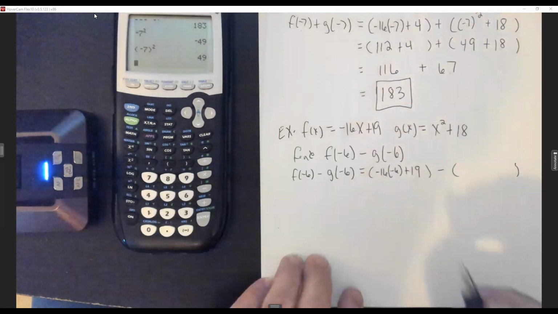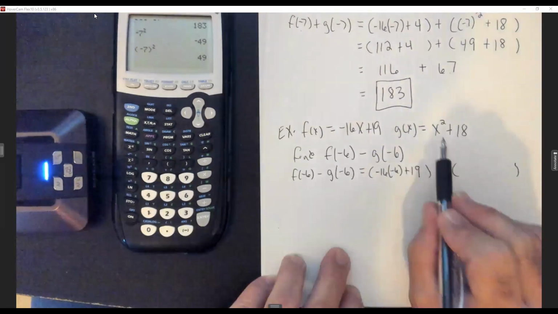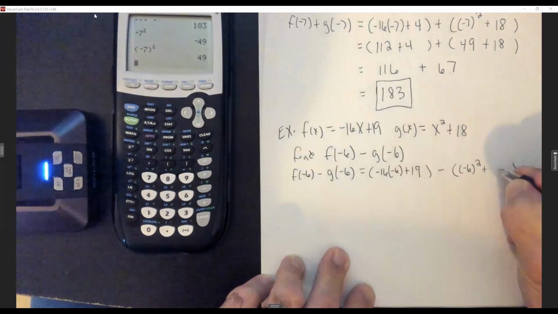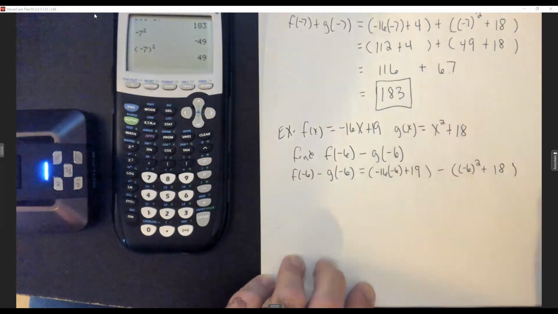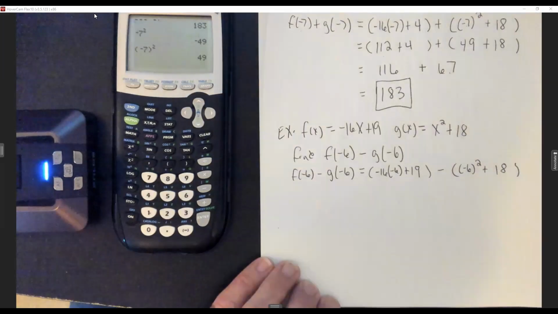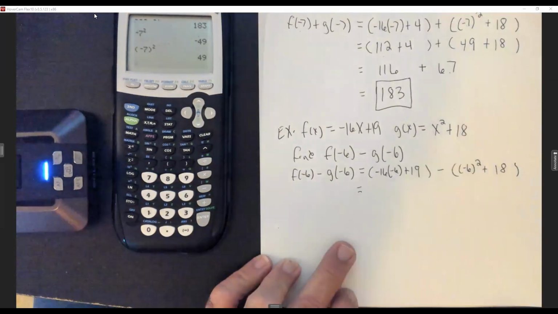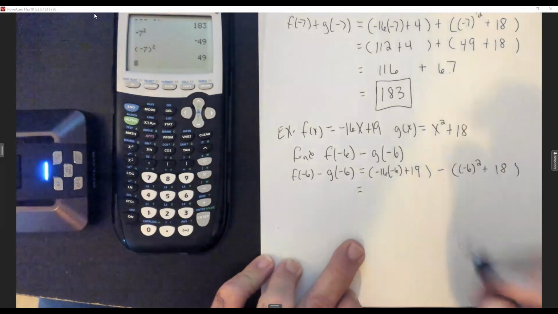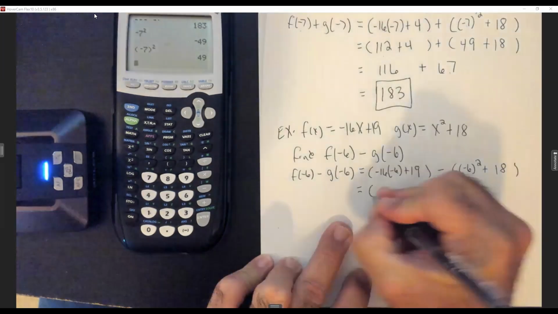For the g, I'll have a negative 6 squared plus 18. And then y'all do it like I did up here. I got a few steps I can do inside each parentheses, so I'm going to be keeping them for this step.